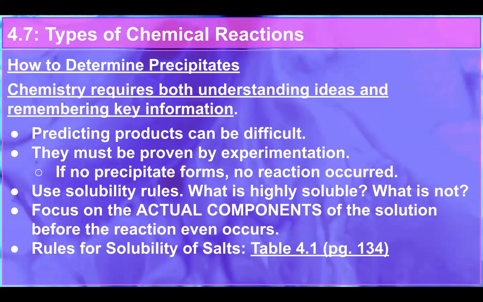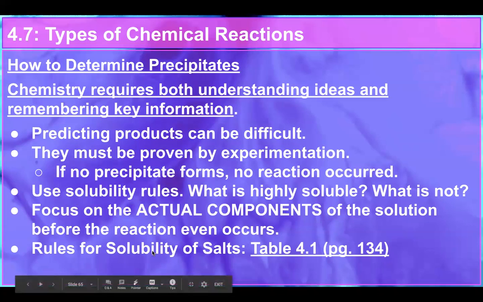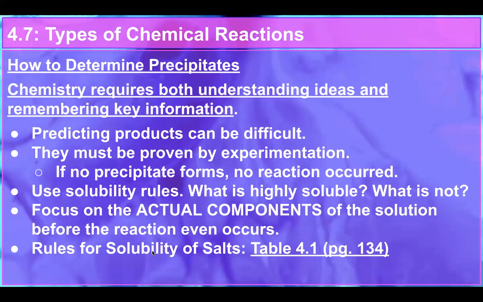But we are going to look at the trends for certain ions, and it will be necessary for you to know what the solubility of certain salts will be. So being able to predict in mixing two solutions together what the precipitate would be.